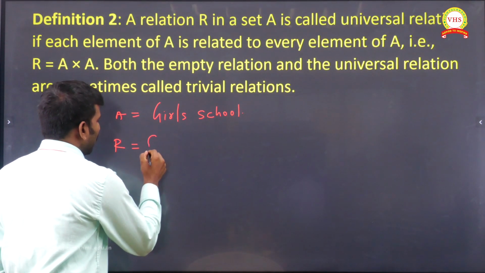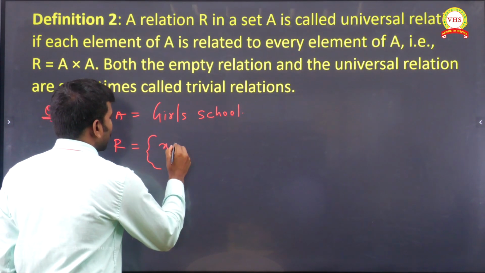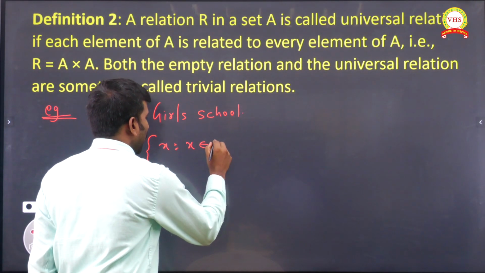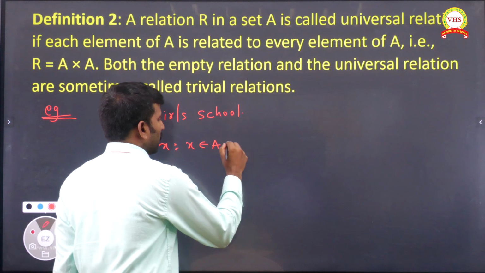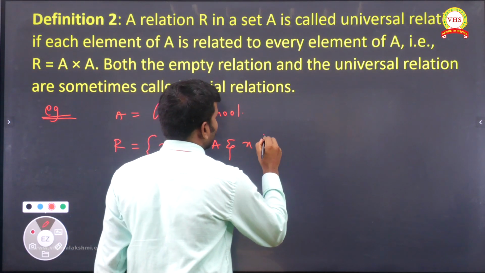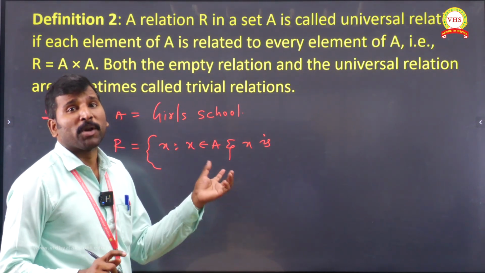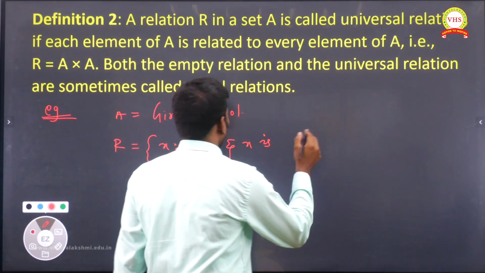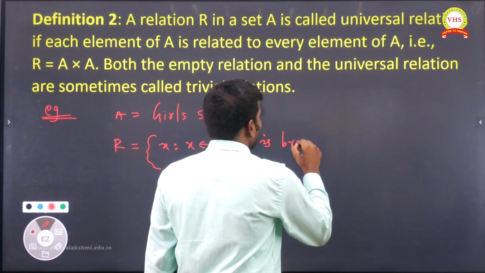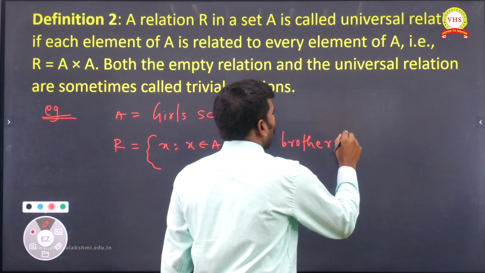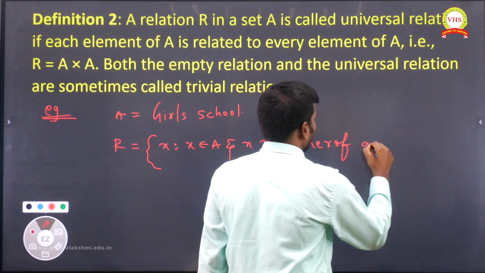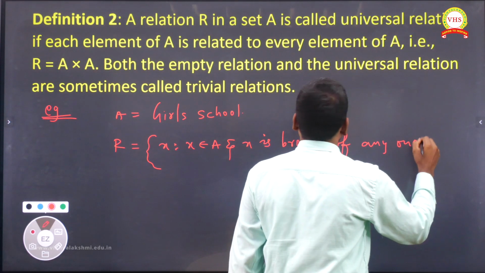R is equal to X such that X belongs to A, where X is a brother of anyone. X is a brother of someone or anyone.